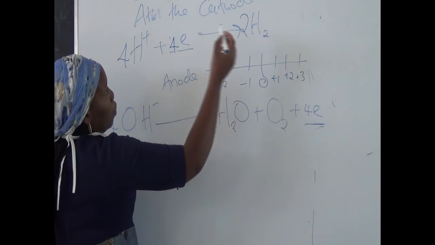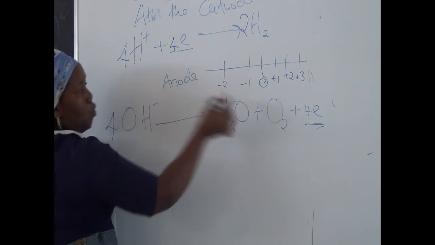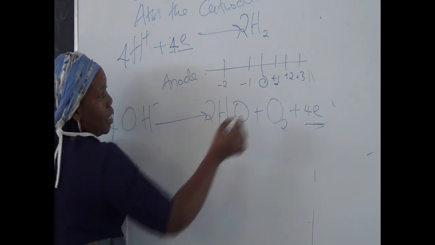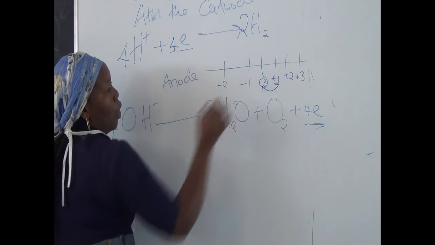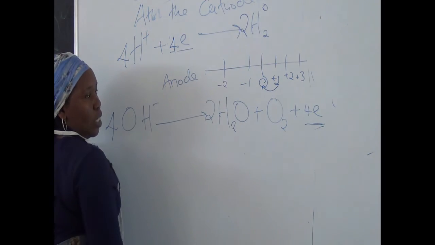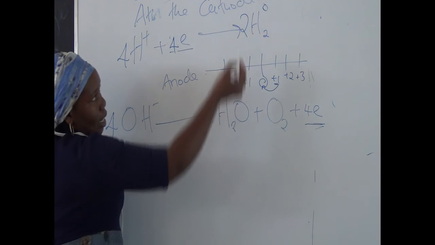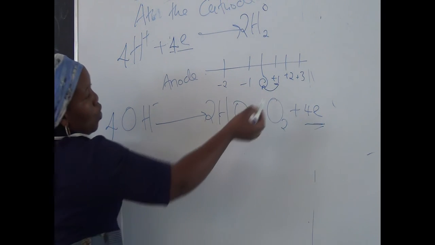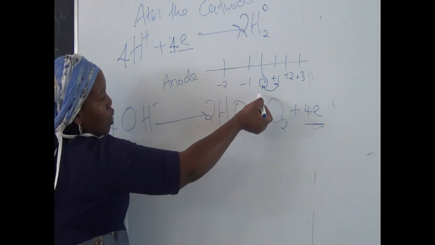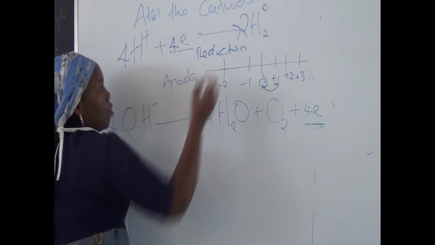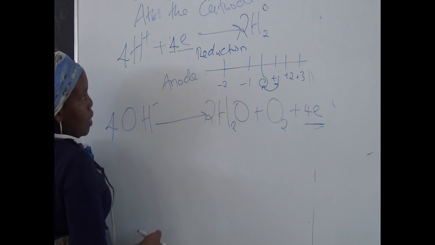Now here, we had hydrogen with a +1 charge. Then it has moved down to 0, because the oxidation state of hydrogen there is 0. So from +1 to 0, that is reduction.